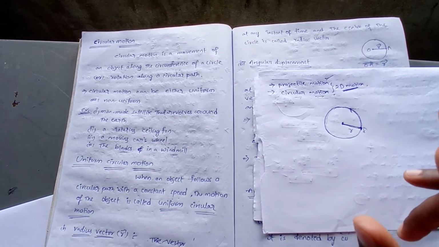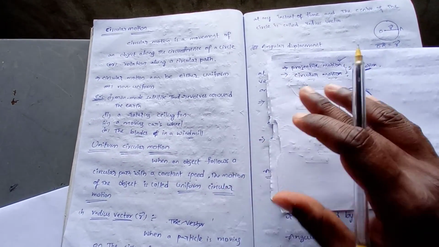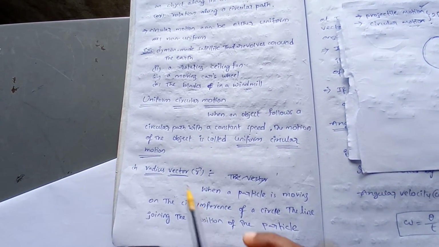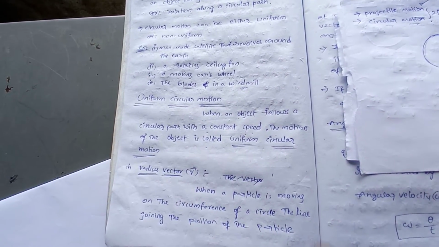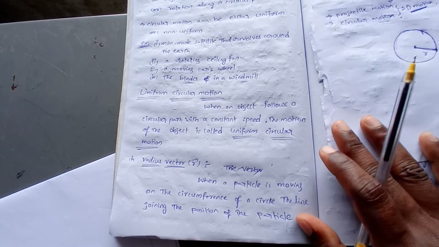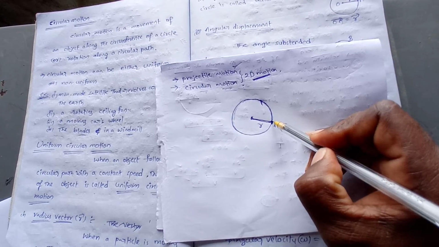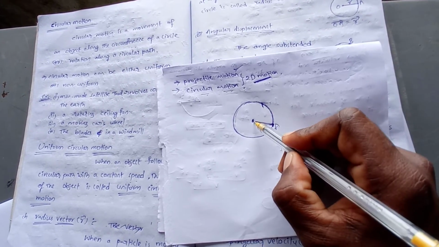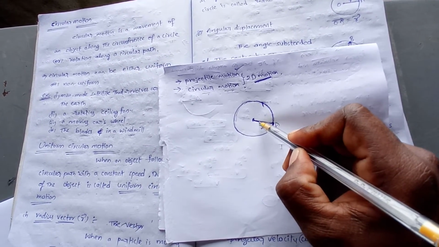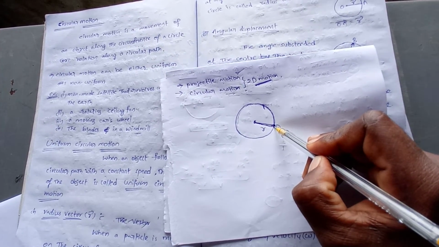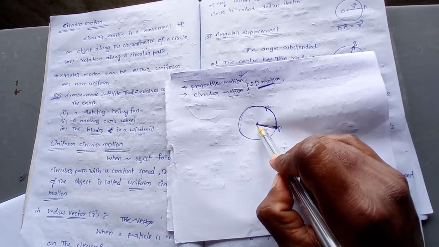So when we talk about circular motion, we need to discuss some of the definitions which belong to circular motion. So what are those definitions? First of all, we shall discuss radius vector. So what is radius vector? When the body performs circular motion, this is the line joining the position of the particle and the center of the circle.